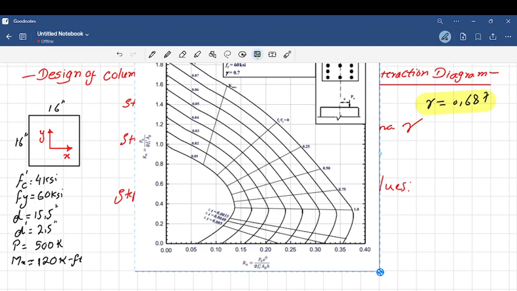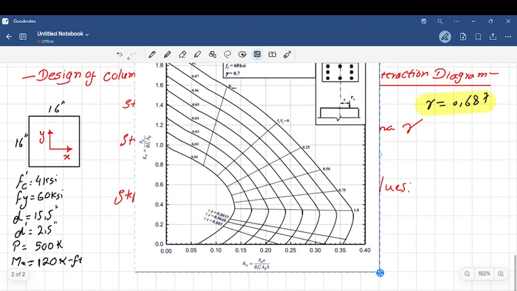Now this term e refers to the eccentricity, how far the load is applied from the centroid of the column. If this is the centroid, e refers to the distance to where the load is applied. For example, if the load is applied at this point, this distance refers to e.